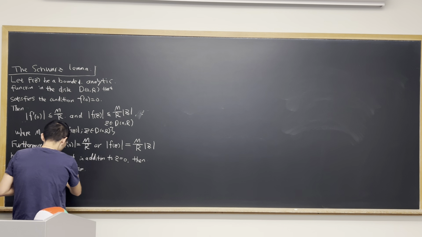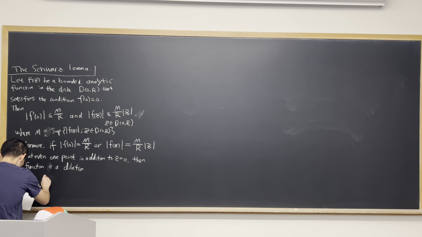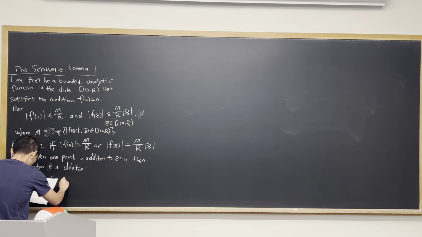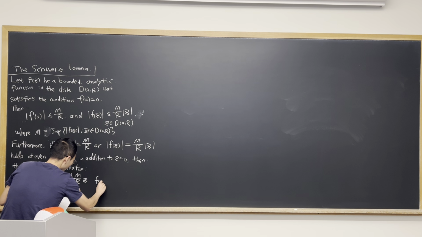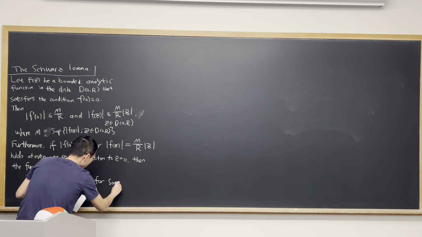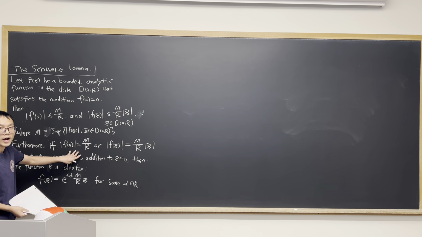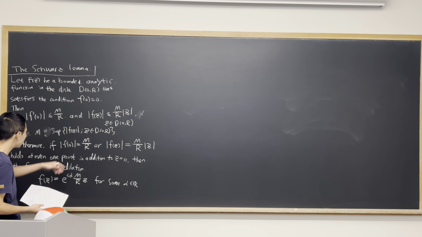This means that f(z) is equal to e to the i alpha times M over R times z for some real alpha. Okay, so I'll explain what I mean by this sentence here.